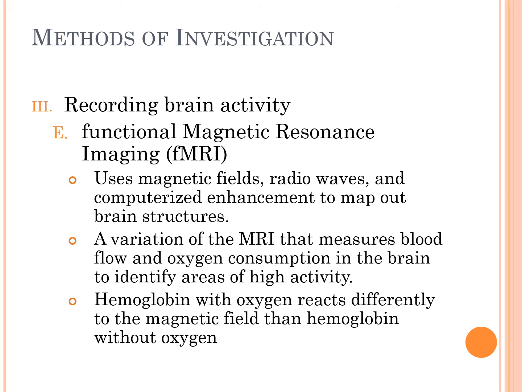Those people are surrounded by a magnetic field. And then when the neurons use the oxygen because they're active, that hemoglobin lines up differently. And the machine can tell us where those differences are to say this is where the brain is active.